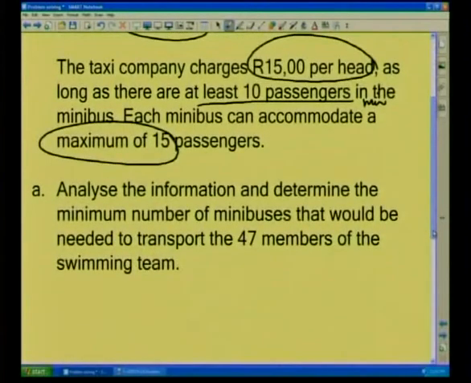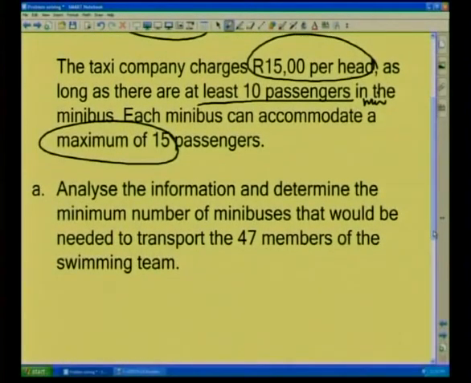Right, using this information, analyze the information and determine the minimum number of taxis or minibuses that would be needed to transport the 47 members of the swimming team.